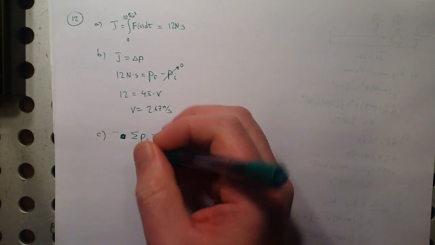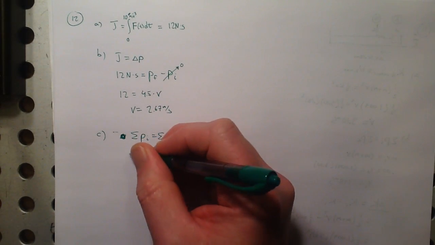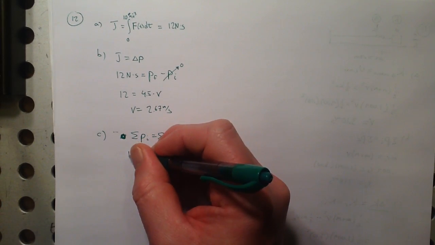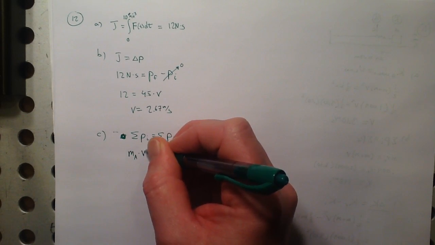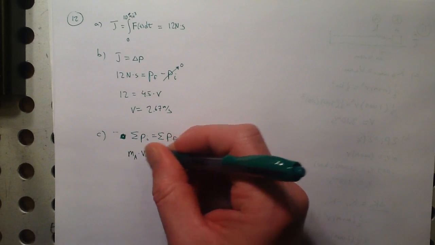So before the collision, block A is moving, mass of A times its velocity, and I think I know those things, right?